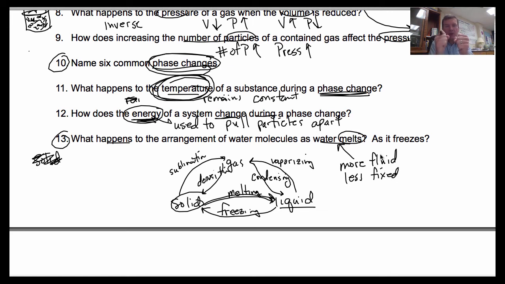So solid particles are fixed in place and they're just kind of vibrating. As it begins to melt, they loosen up their grip on each other and they don't have a fixed position anymore and they're able to roll and tumble and pass each other. The opposite is true when it freezes. When it freezes, it becomes less fluid, less movement, more fixed in place.